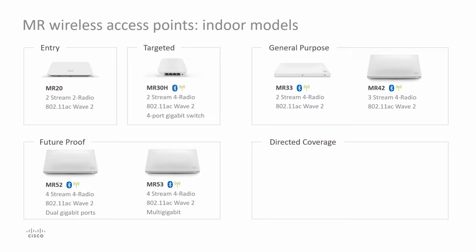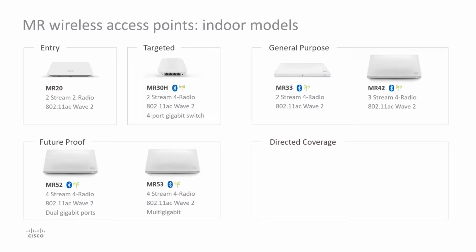The MR52 comes with dual Ethernet ports. These two ports are gigabit ports that can be aggregated together via LACP. The MR53 comes with a gigabit port, and the second port is a multi-gigabit port, where you can achieve speeds up to 2.5 gigabits per second.